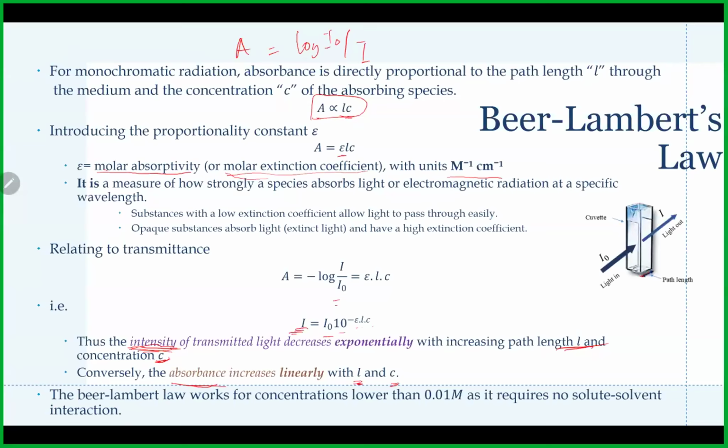The last thing on intensities: we've talked about population of initial states, and now the experimental part, concentration and path length.